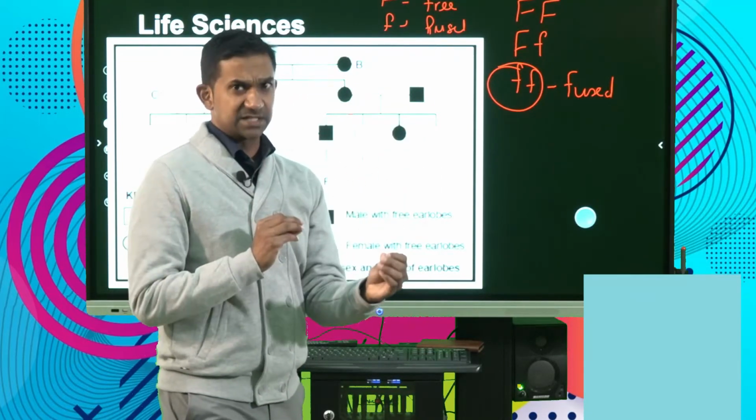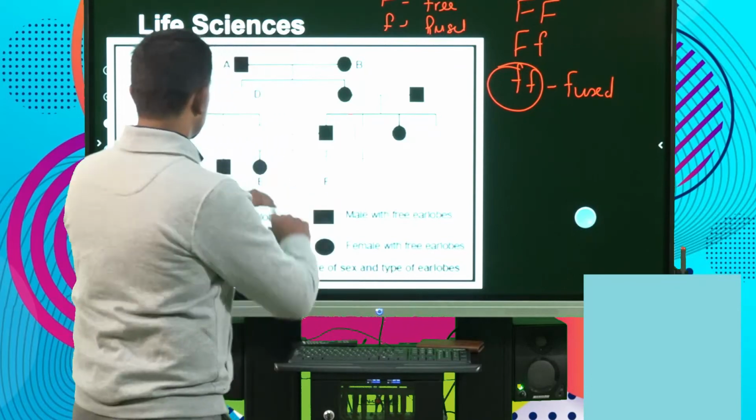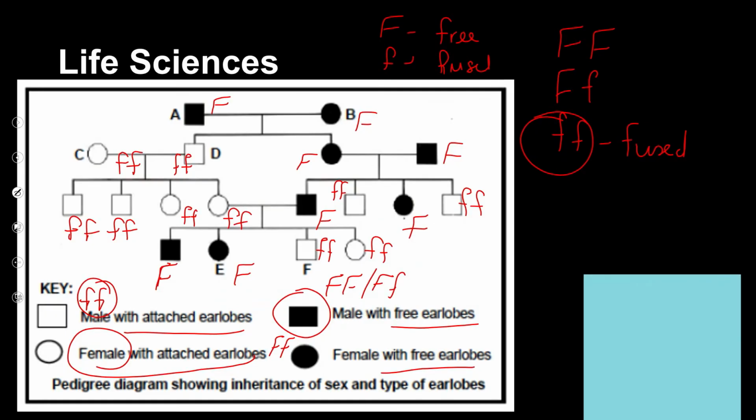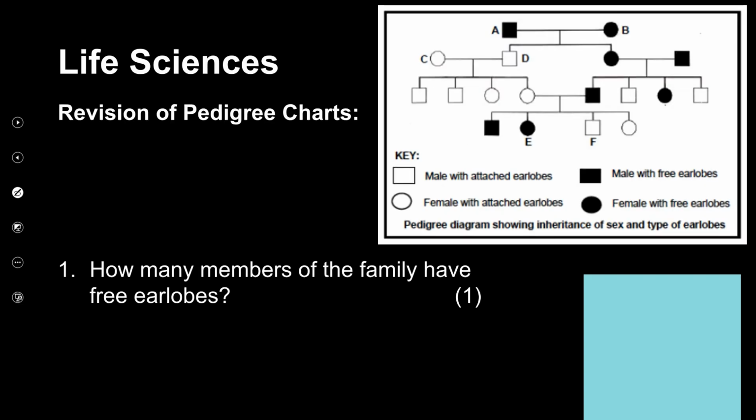Again, it's a principle that we need to recognize. As you look at this diagram, you can clearly see that I've illustrated the individuals that have genotypes that are homozygous recessive, as well as individuals that are clearly dominant. So let's unpack this question by going into the rest of it.